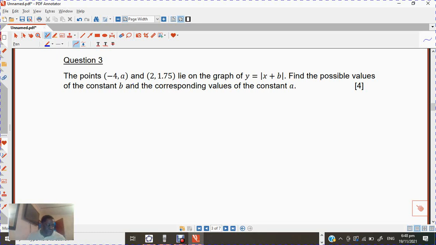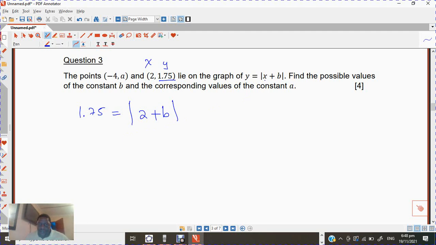So what we do is use this particular point here and substitute. Remember, that's x, that's y. We're going to say 1.75 equals the absolute value of 2 plus b.